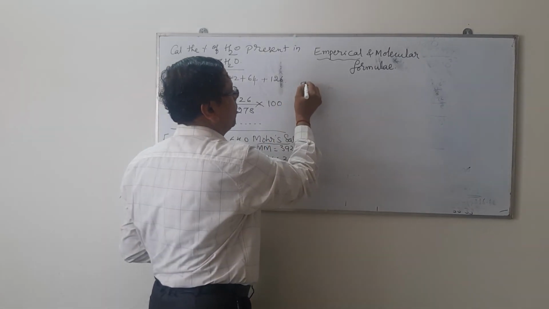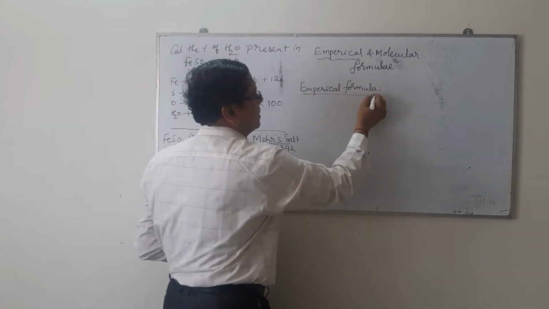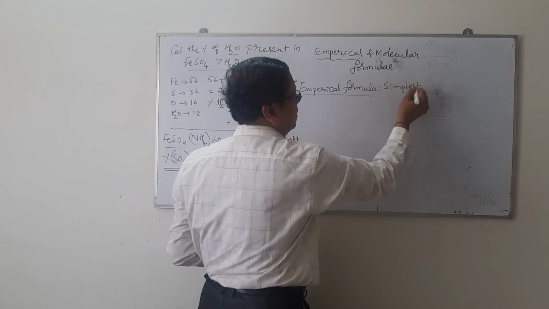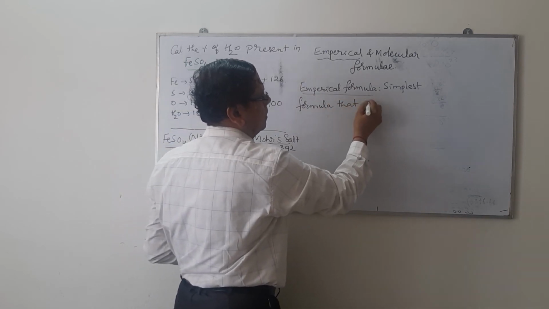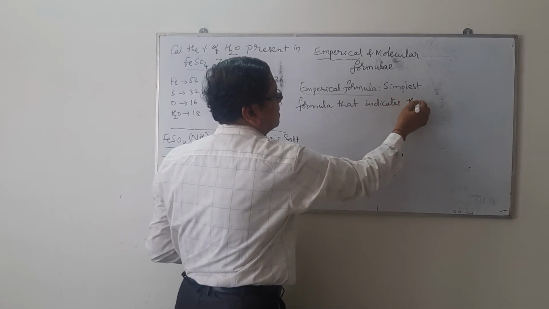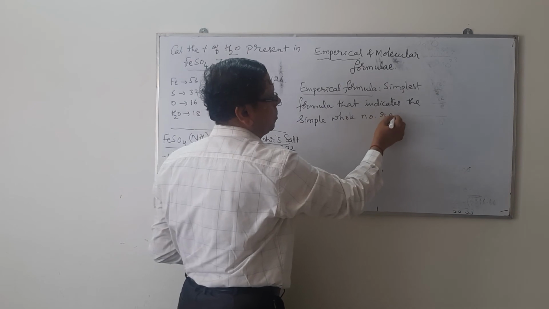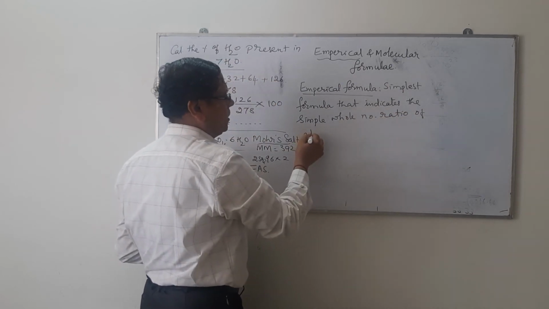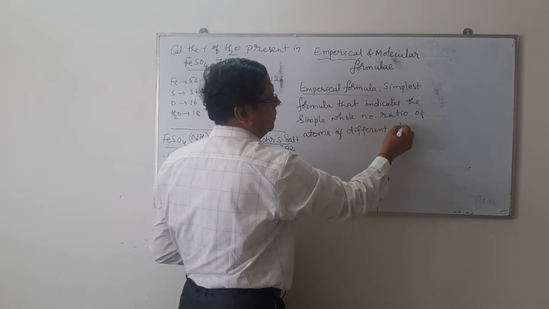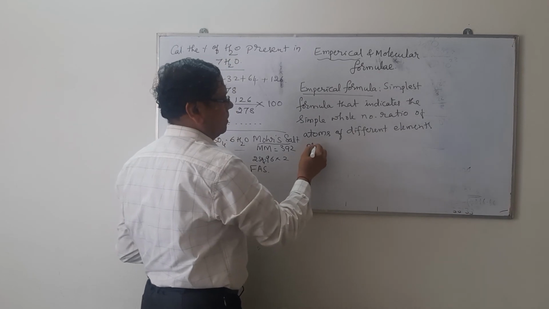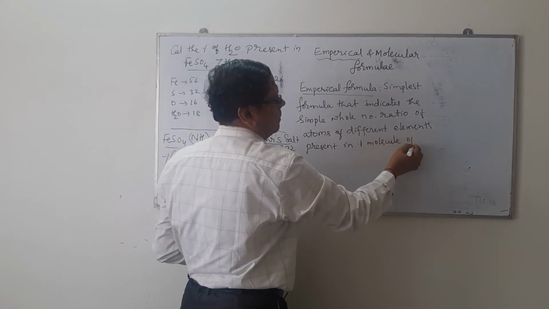So the empirical formula is defined as the simplest formula that indicates the simple whole number ratio of atoms of different elements present in one molecule of the compound.